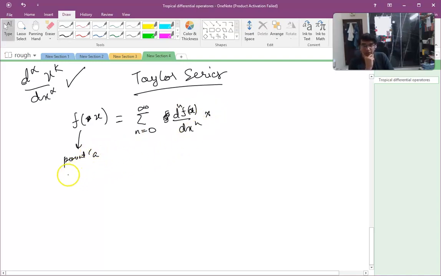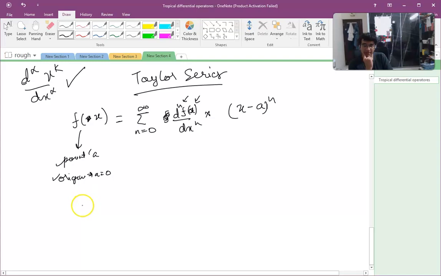And if you want to approximate near the origin, then that implies that a is equal to 0. So it's simple. The nth derivative of f evaluated at the point a, into x minus a to the power of n.